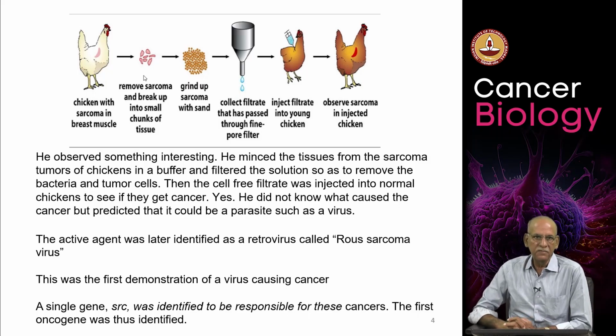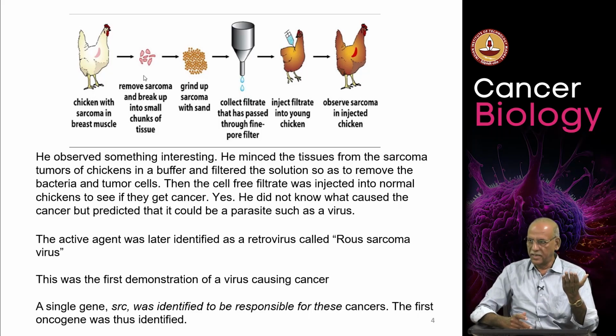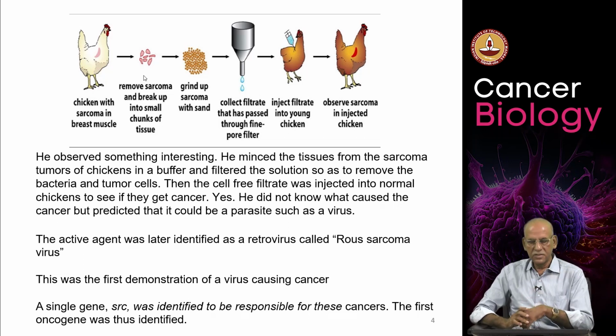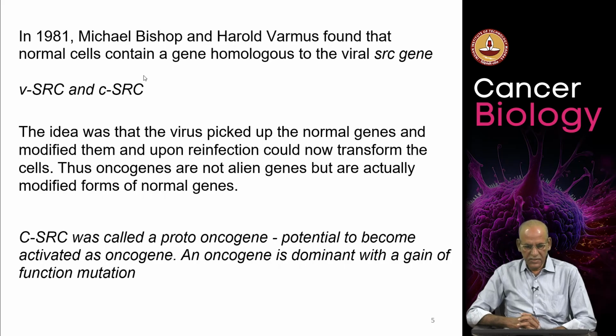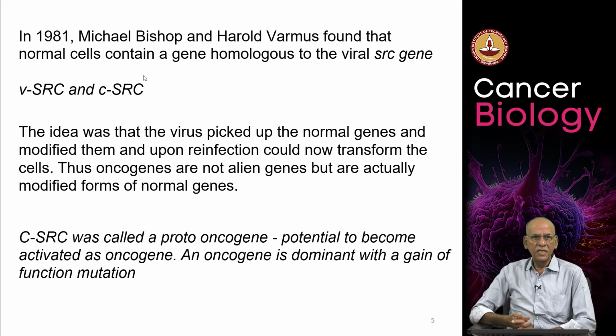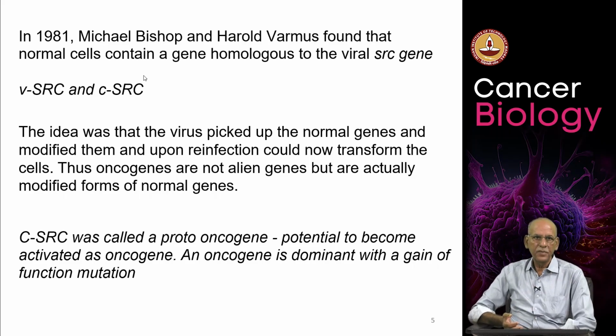Actually, this oncogene was identified in this chicken virus, right, SRC, but then human SRC also was later identified. In 1981, Michael Bishop and Harold Varmus, Nobel laureates, found that normal cells contain a gene homologous to the viral SRC gene that I told you about.